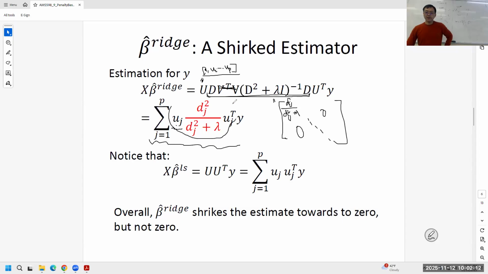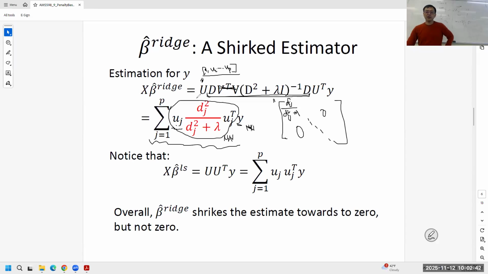This guy over here, uj times uj transpose, is an n by n matrix. Y is an n by 1 vector, right? Therefore for each j, you will have an n by 1 vector and you sum each one of them.